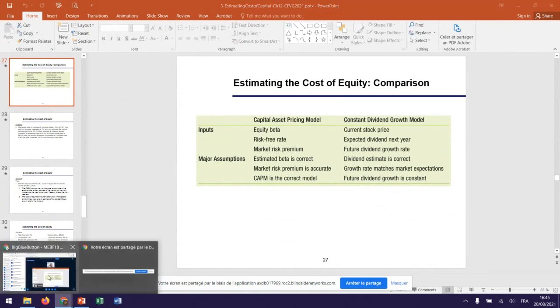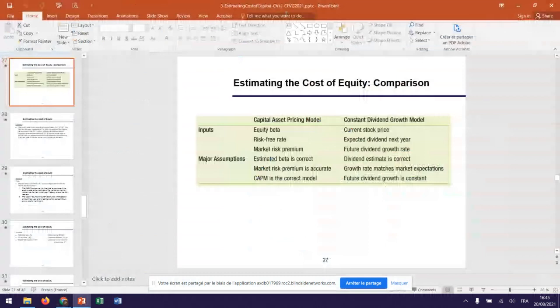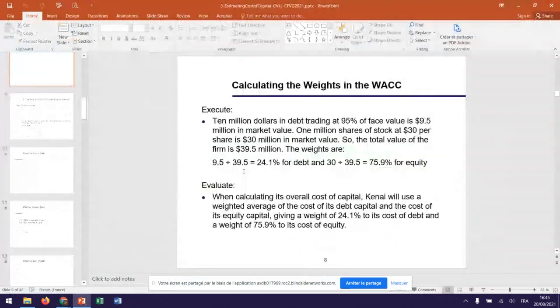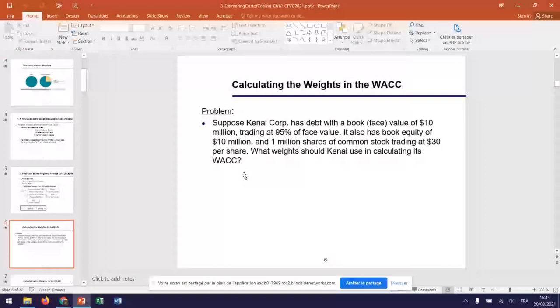Let me go back to this. In the gearing ratio, how do we actually determine the market value? If I come back to this one, you can see that the book value of debt is 10 million.